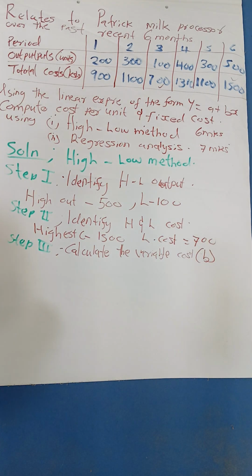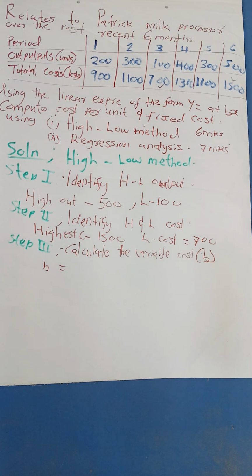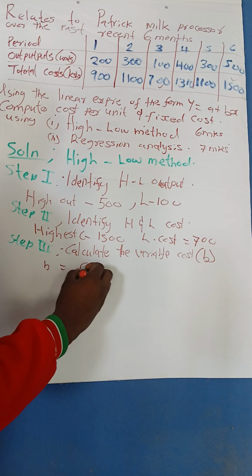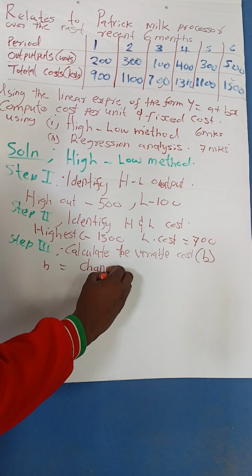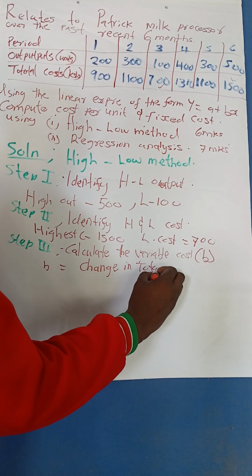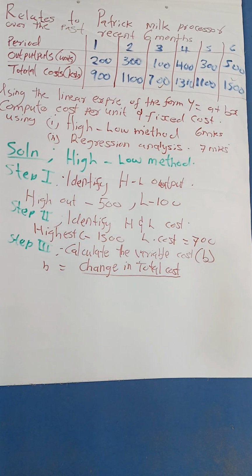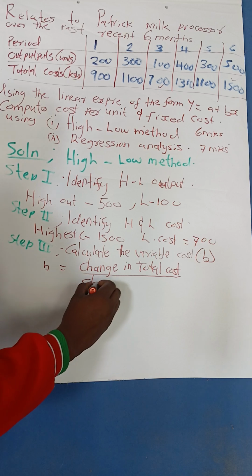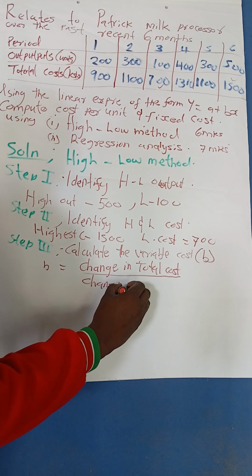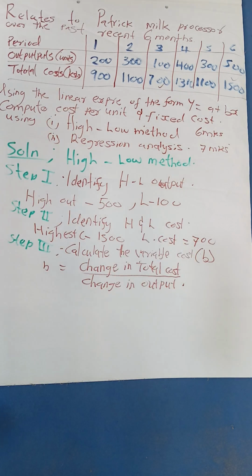So to get the variable cost, b, it is the change in total cost divided by the change in output.